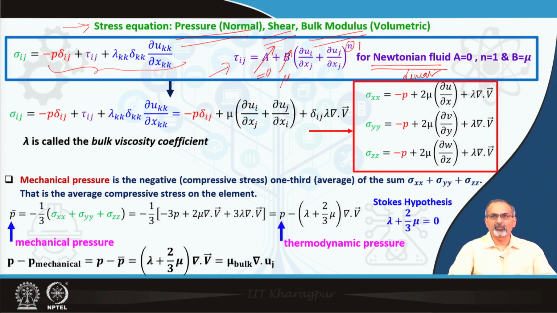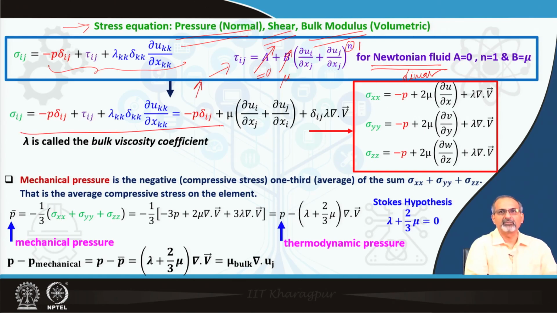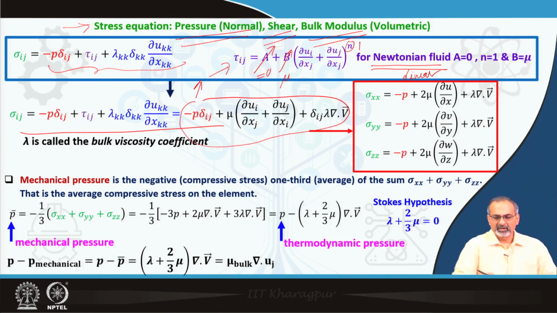It is different from 1 for non-Newtonian ones. If you club the two forms that we see in the boxed format here, you finally get an expression for sigma ij, where we see the application of all the conditions that we discussed already. You see the term lambda, which is the bulk viscosity coefficient.